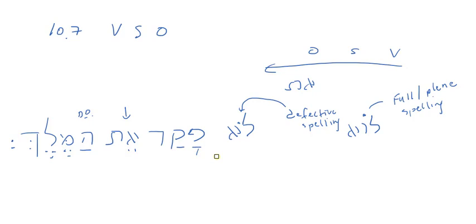So how would we translate lo fakad et Hamelech? He did not visit or appoint the king. Okay? So put lo right in front of the verb you're negating. That's all there is to it. Easy to do.